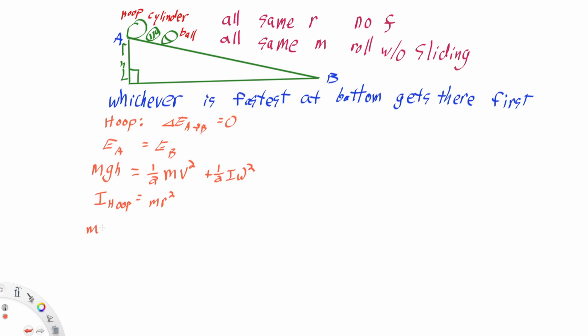So we have mgh equals 1/2 mv squared plus 1/2 mr squared omega squared. An m cancels out of everything. And what is this r squared omega squared? How could we rewrite that? What's omega times r?